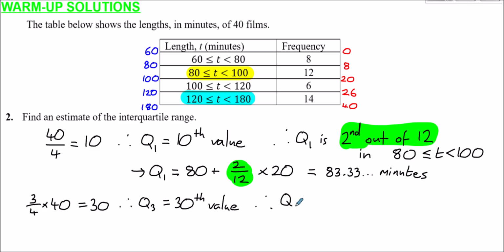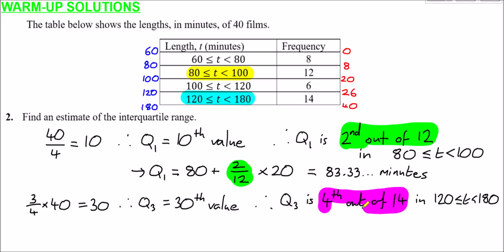So Q3 is going to be the 4th out of these 14 values. So that's going to be a fraction we're going to be using in a moment. It's the 4th one out of 14 in this interval, and we can now estimate what Q3 is.